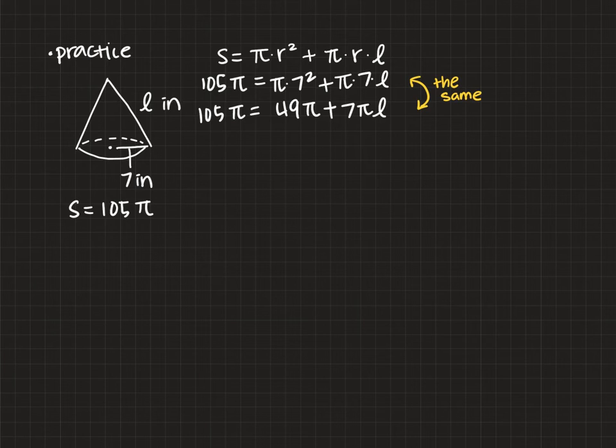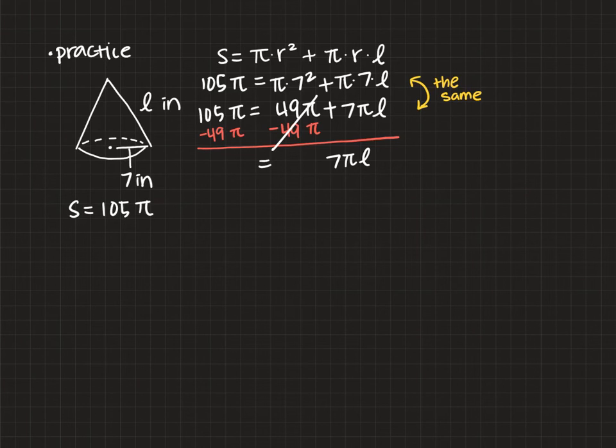You can switch the parts in a different order and it's still going to give you the same answer. Now you have to subtract 49 pi on each side, so you can have 7 pi L on the right side and solve for L.